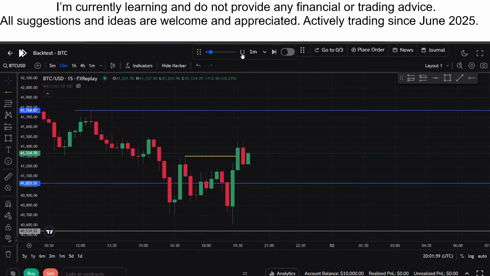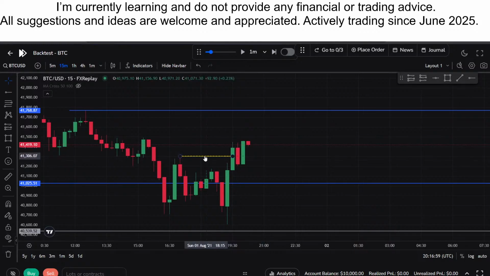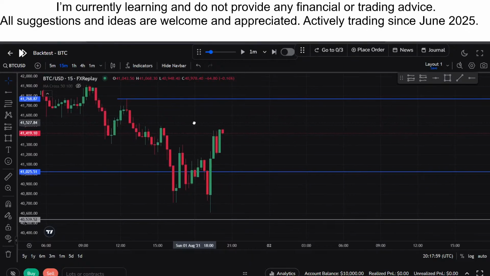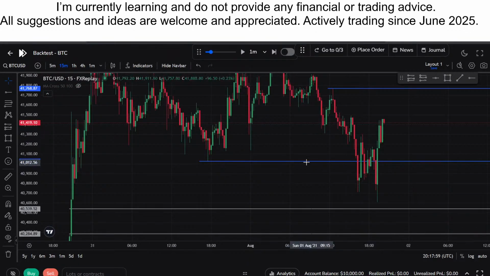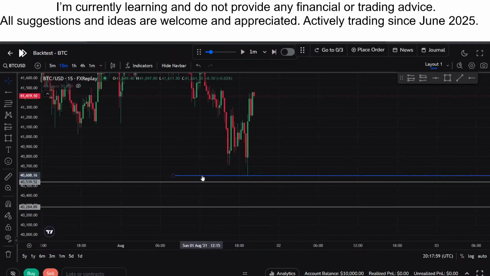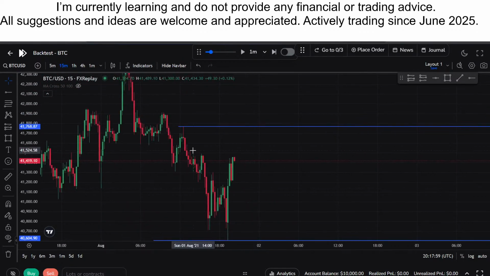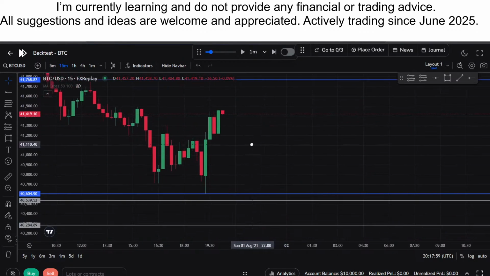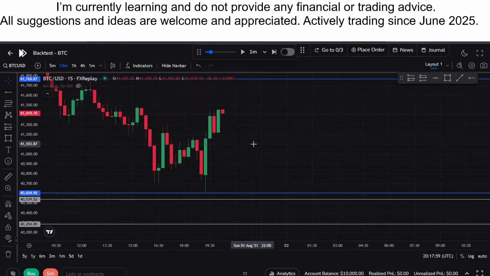Okay, wait for another candle. Okay, now I think we can enter the trade. Now there has been a liquidity sweep, and a new low has been formed here. Now is there an order block? Where is the order block?